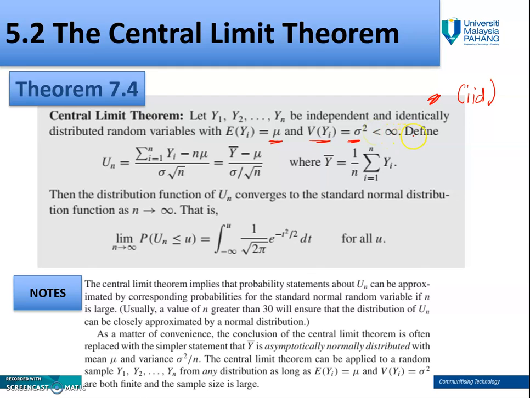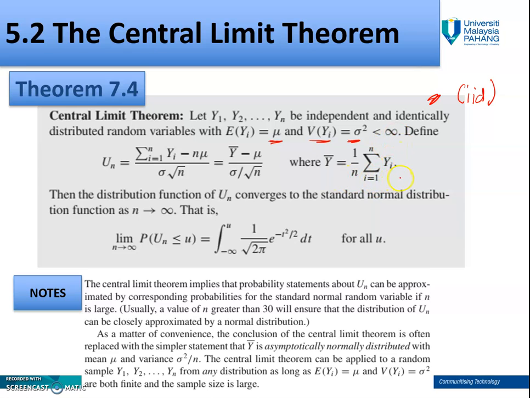All right. So define Un equal to the summation of Yi minus n mu, where i from 1 until n, divided by sigma square root n. You also can rewrite this as Y bar minus mu divided by sigma over square root n, where Y bar is 1 over n times the summation of Yi from 1 until n.